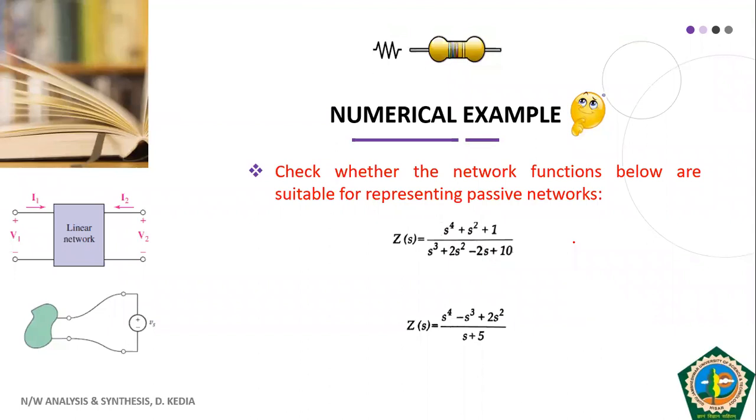First have a look at network number 1. I'll give you a minute to think in your mind about what conditions are not fulfilled here, and then I'll discuss. So I pause for a minute here and then I'll continue.